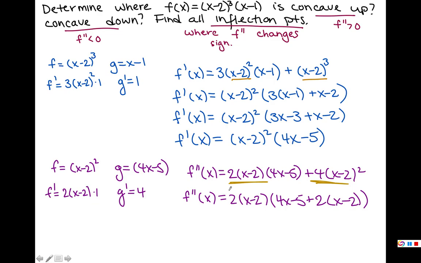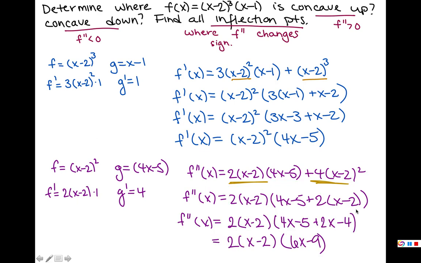So I took the 2(x − 2) out front, and so then the first term we're just left with that 4x − 5. Second term, if you take a 2 out of the 4, you get a 2 left over. And I took one of the x − 2's out, so I've got 1 left over.